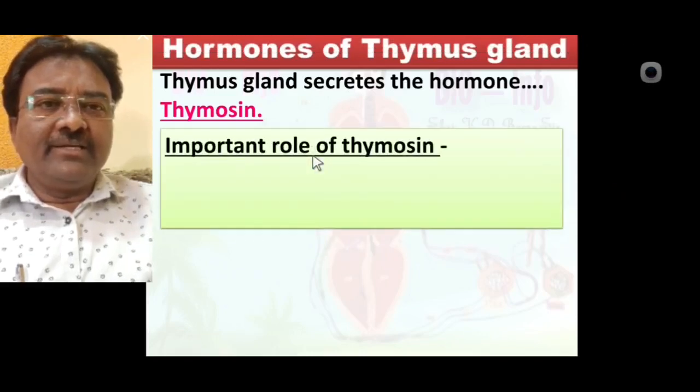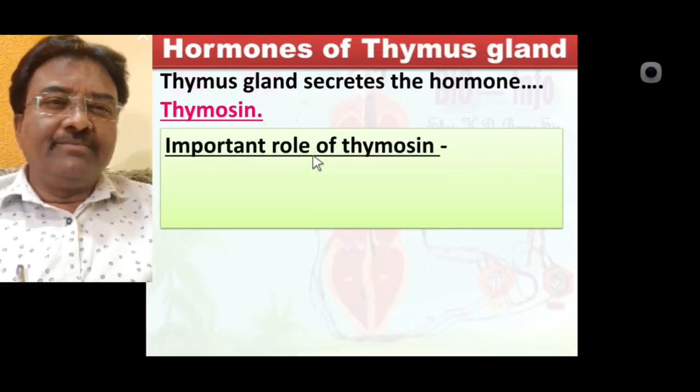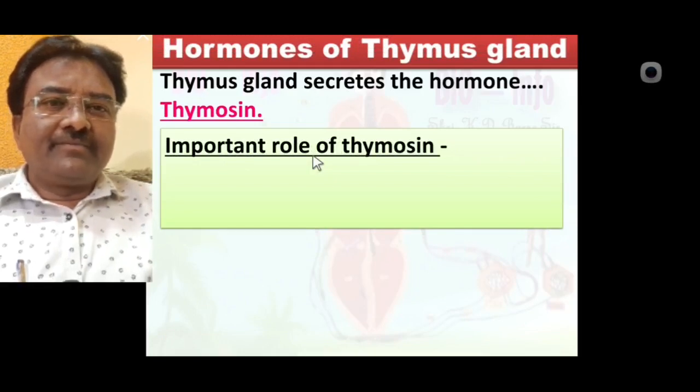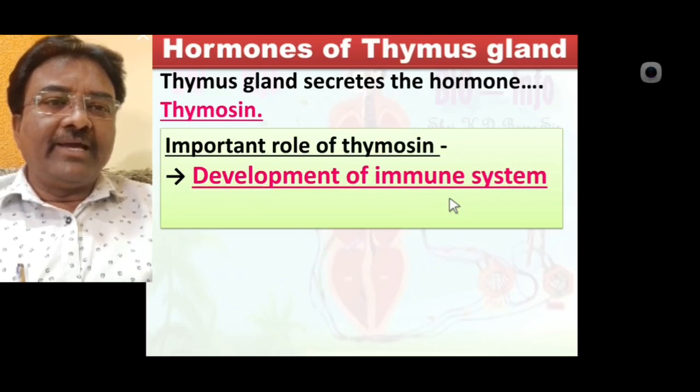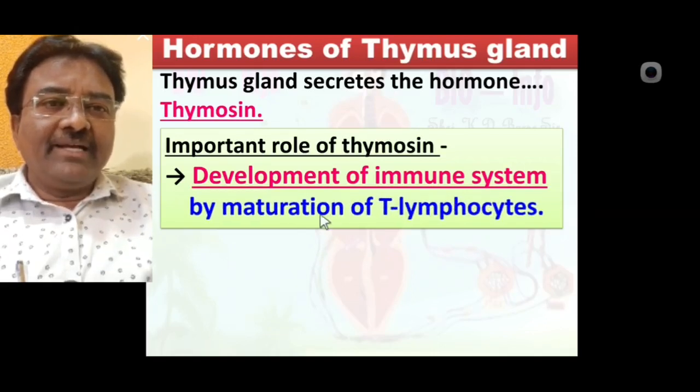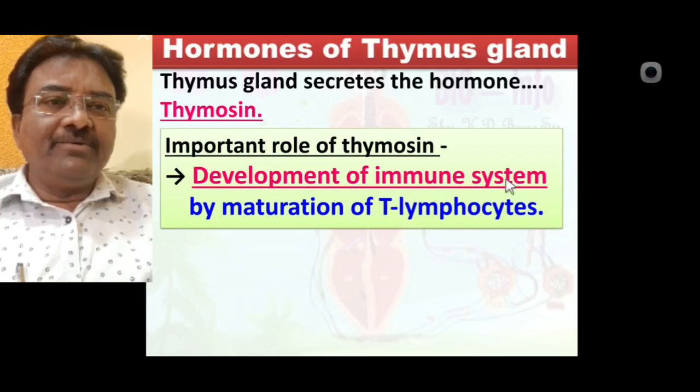Thymosin is most important for the development of the immune system. The immune system is developed by thymosin of the thymus gland through maturation of T lymphocytes.